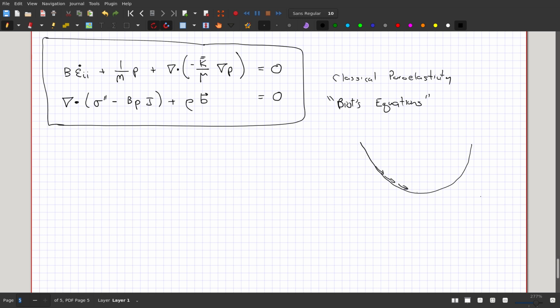But when you have a saddle point, if you move a little bit in one direction, you're going to go to some other minimum over here, or just diverge completely. So saddle point problems are always tricky to solve.